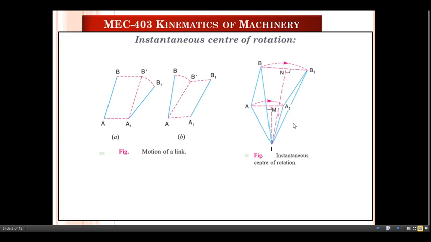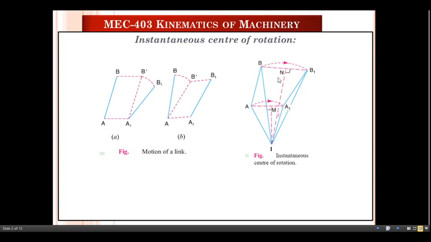The instantaneous center of rotation may be located in this way. Here, since A and B, the points on the link, have moved from A to A1 and B to B1 respectively under the motion of rotation, the position of the center of rotation must lie on the intersection of the right bisectors of the chords AA1 and BB1.